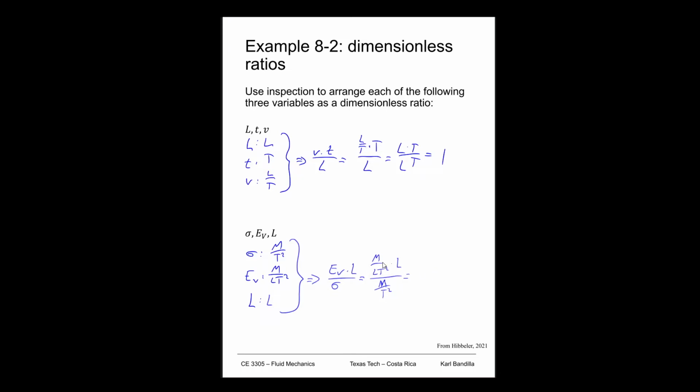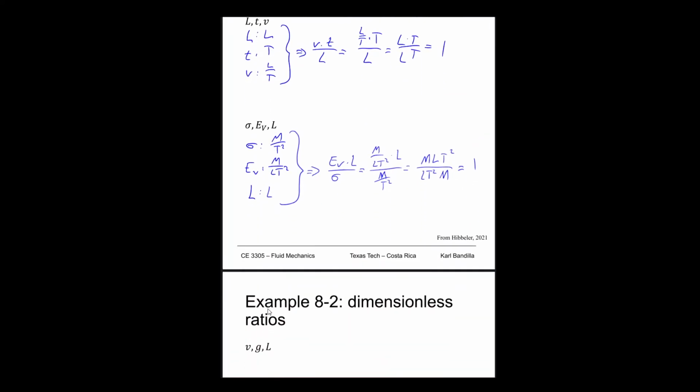All right, so that would then be mass length times T squared divided by length times T squared and mass. So the mass cancels out, the L cancels out, the T's cancel out. We are dimensionless. All right, so again, we have a look at what these units look like, and then we start making sure that they cancel out.